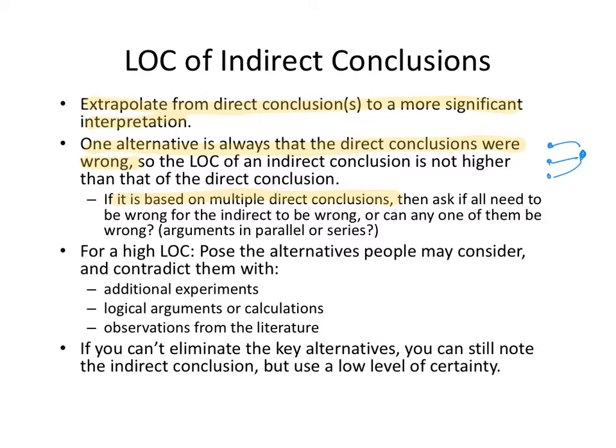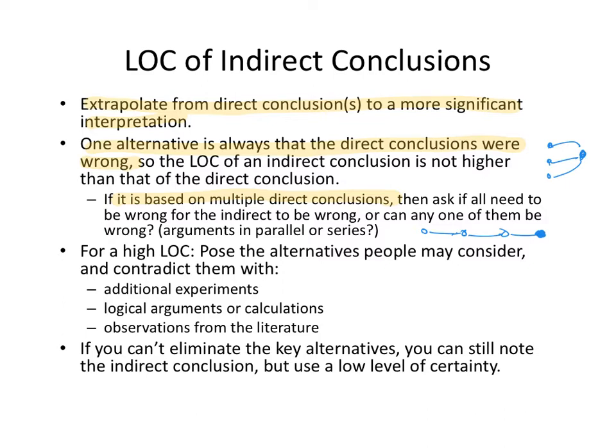Or do we really need each one to be true? So we string together in series these logical arguments, and only if they're all valid do we get to our final conclusion, in which case it's the weakest of the arguments that determines the level of certainty.